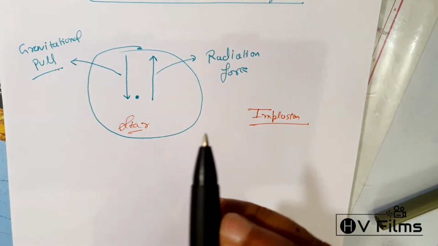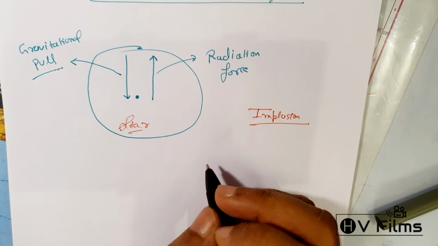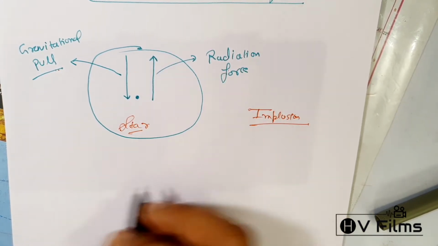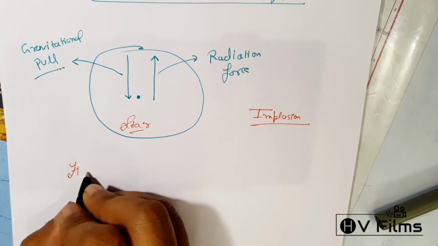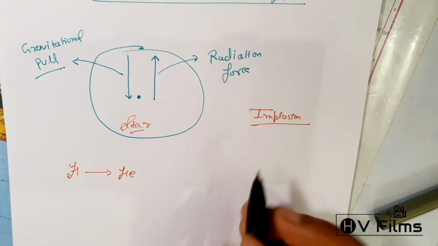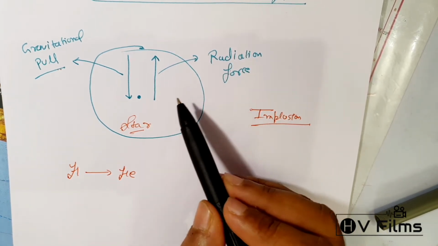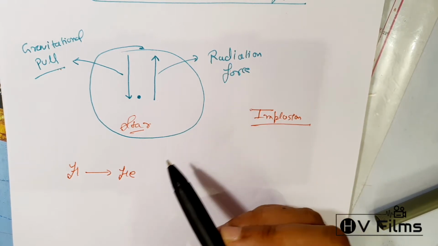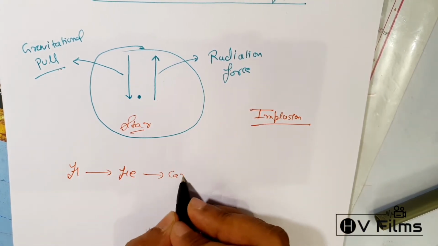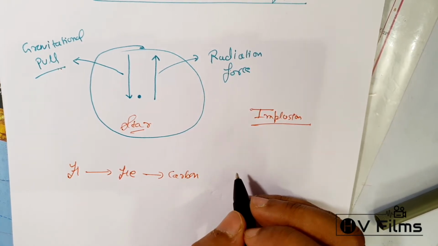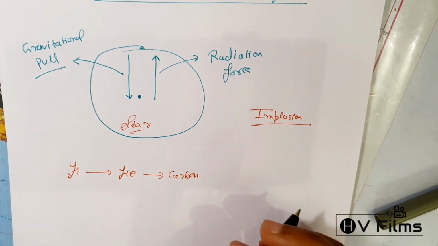Now in the fusion reaction happening in the core, the hydrogen nuclei combine to give helium. Now the helium will surround the core. The temperature in the core goes higher. At higher temperature, even the helium nuclei will fuse to carbon, and the temperature will keep on increasing, and therefore the balance of the forces will be affected.